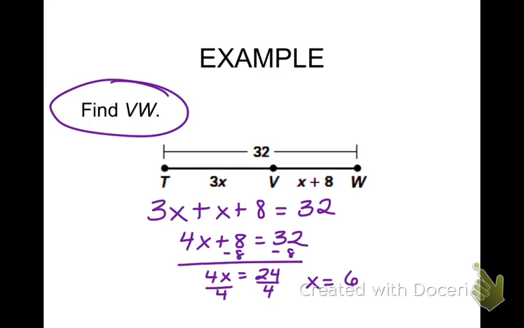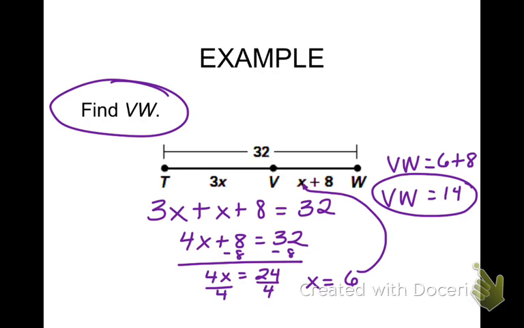Haley? 14. Good. So we're substituting in 6 in place of that x, right? So VW is equal to 6 plus 8, which is 14. Okay? So segment addition, just with algebra involved, which shouldn't make it too much more challenging.